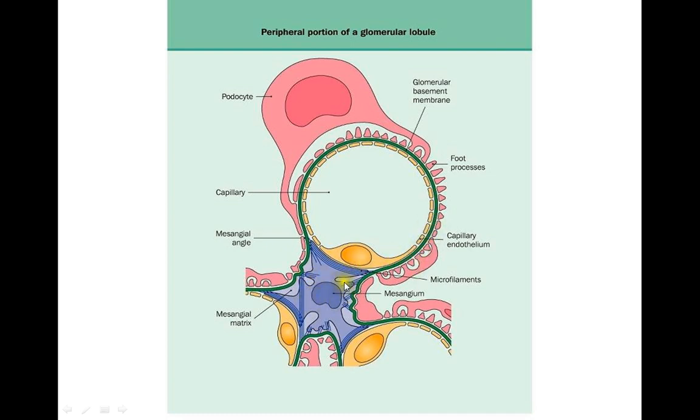This blue colored cell is mesangial cell, and as you see, it has some filaments or microfilaments which have contractile properties.